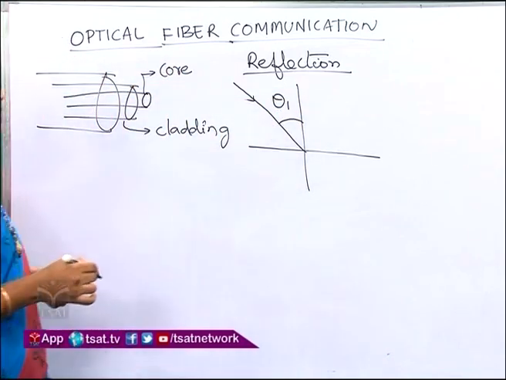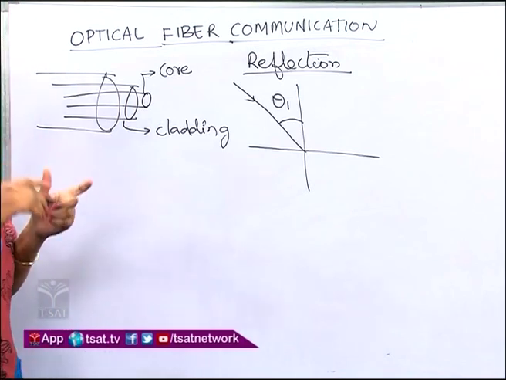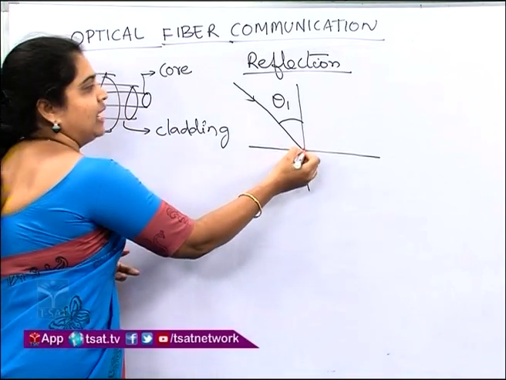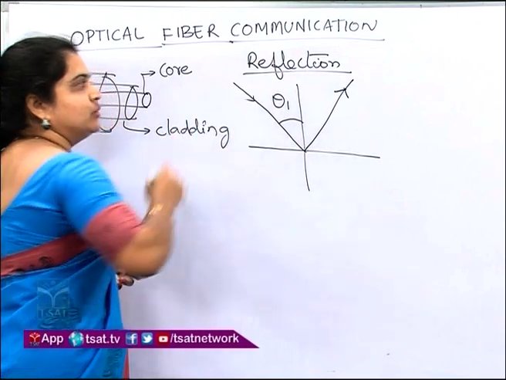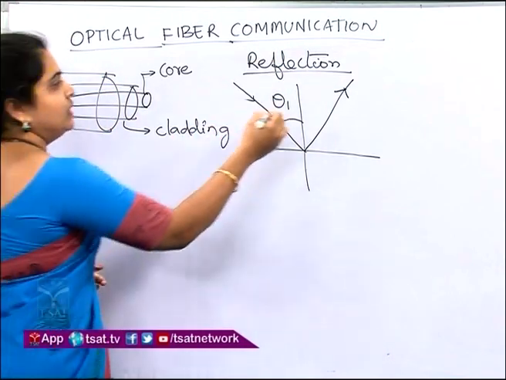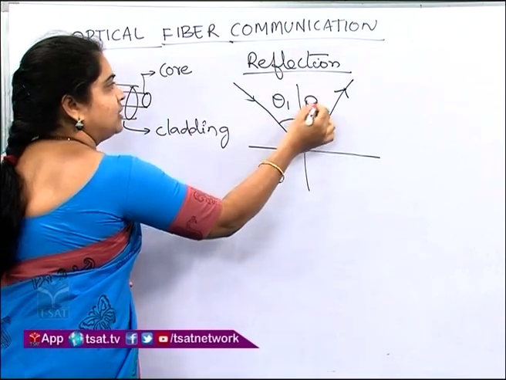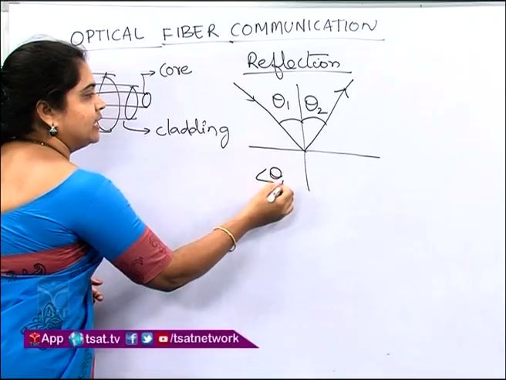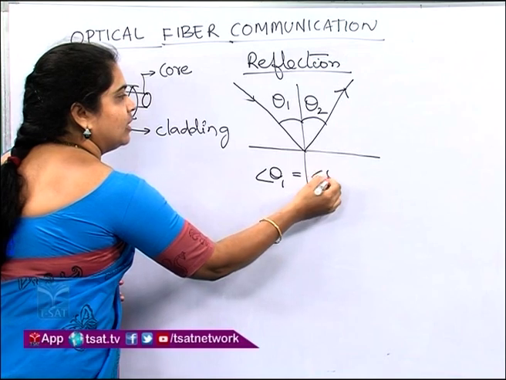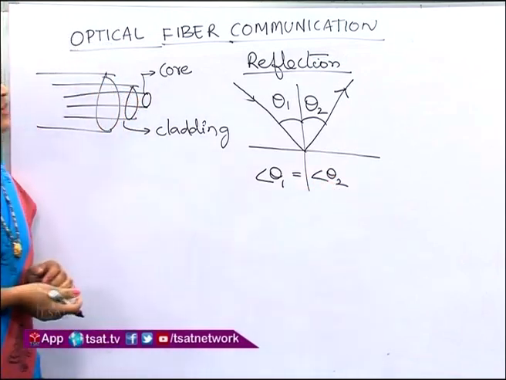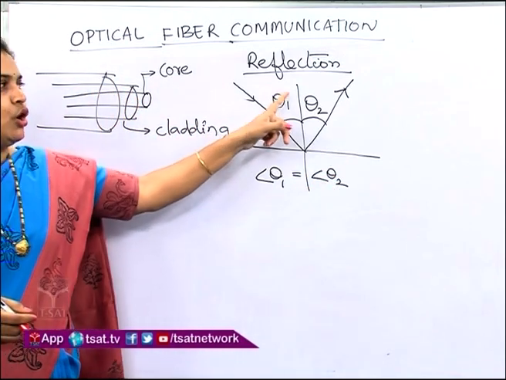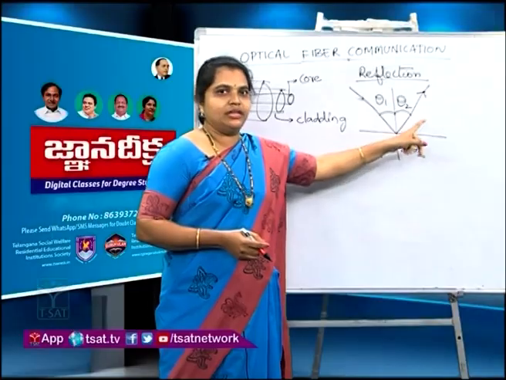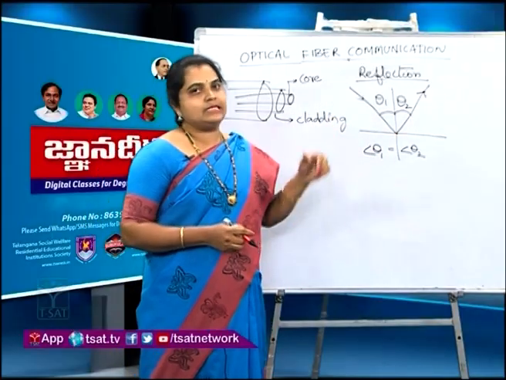Whenever it is incident on the boundary, it reflects back into the same medium with angle of reflection θ2. Here the angle of incidence is equal to the angle of reflection. The incident ray, normal, and reflected ray, these three are in the same plane.